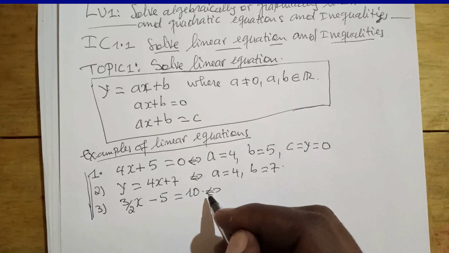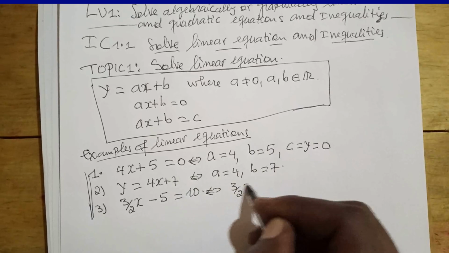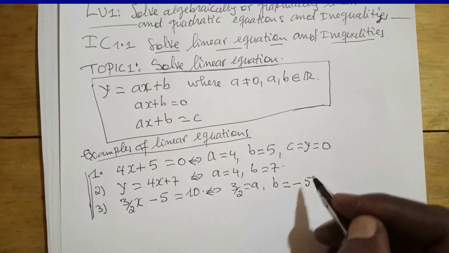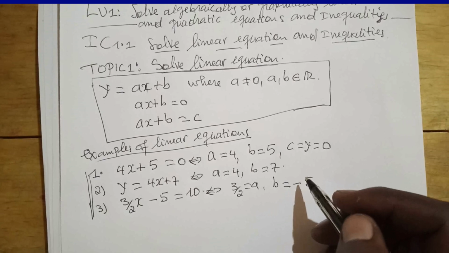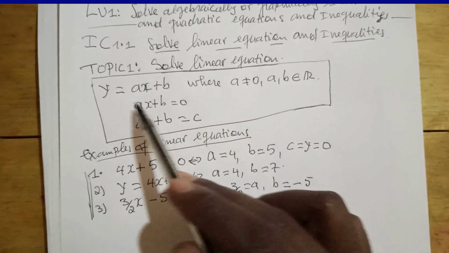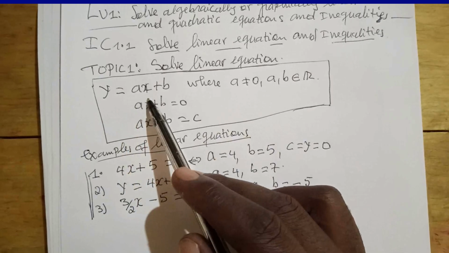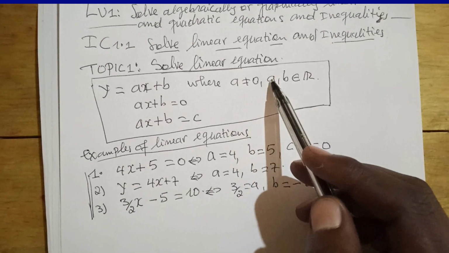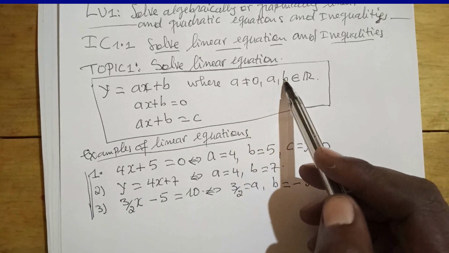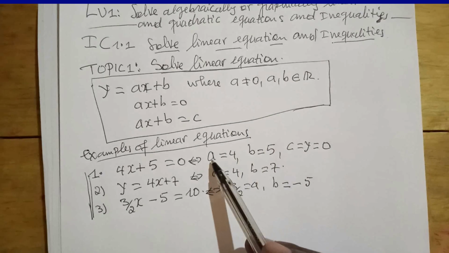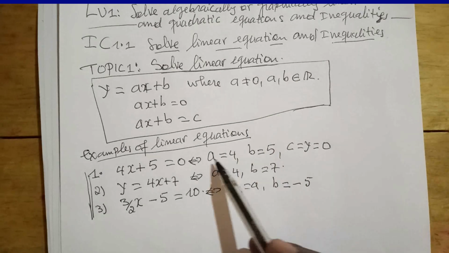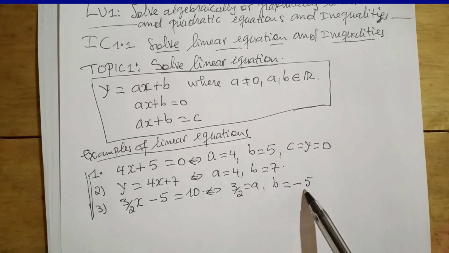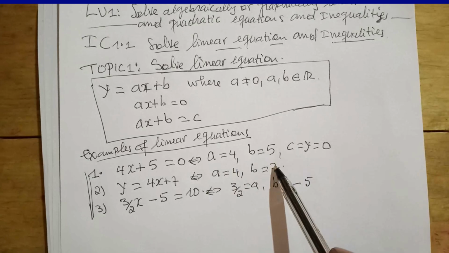Then in this third example, 3 over 2 is equal to a, then b is equal to -5. As we said in the general equation of linear equation, a is different from 0 and a, b or c are included in the set of real numbers. You have seen 4, 5, 4, 7, 3 over 2, -5. All those numbers are included in the set of real numbers.